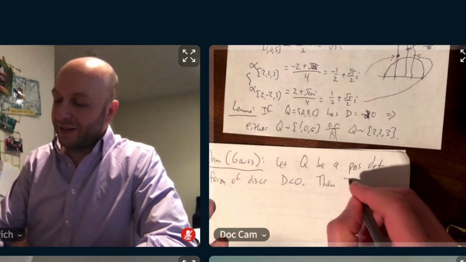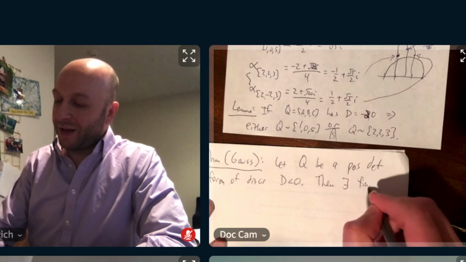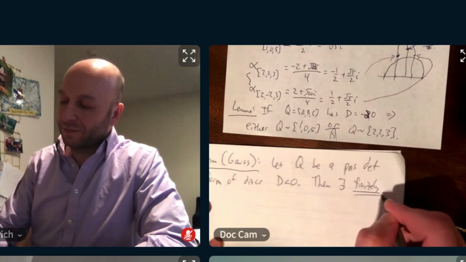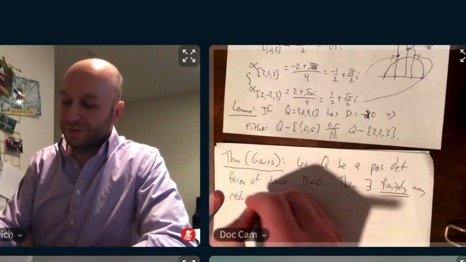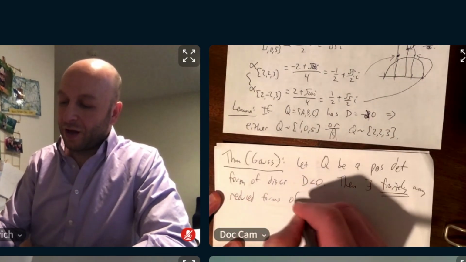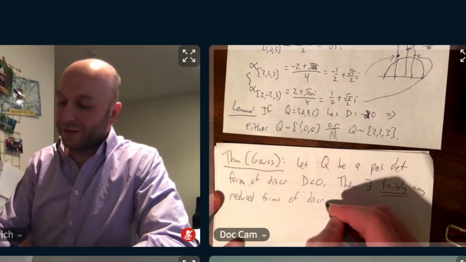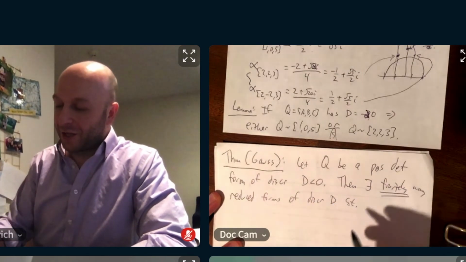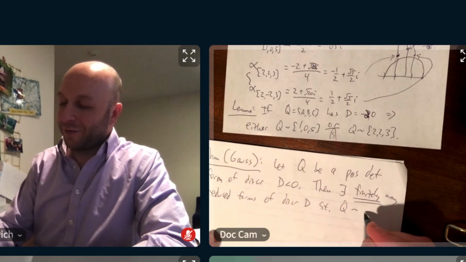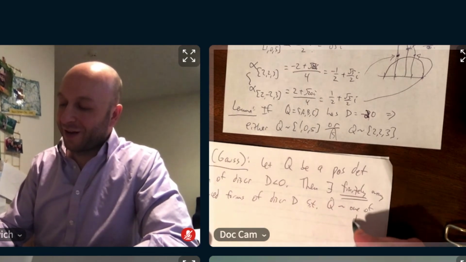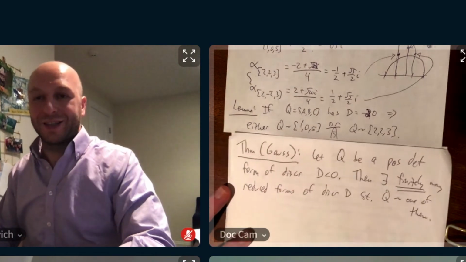It's not even clear that we're always going to get finitely many equivalence classes. Then, there exist finitely many reduced forms of the same discriminant such that Q is equivalent to one of them. Q is equivalent to one of them. I mean, this is a very cumbersome way of saying something much simpler.